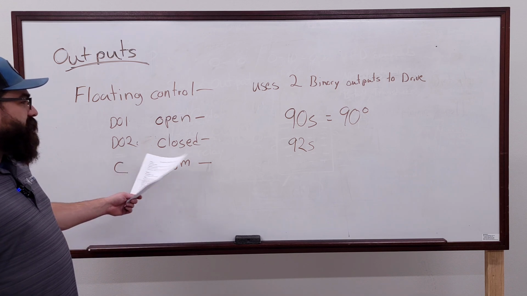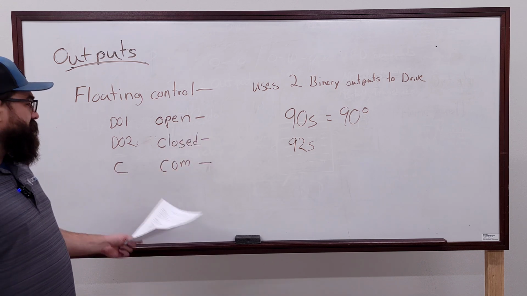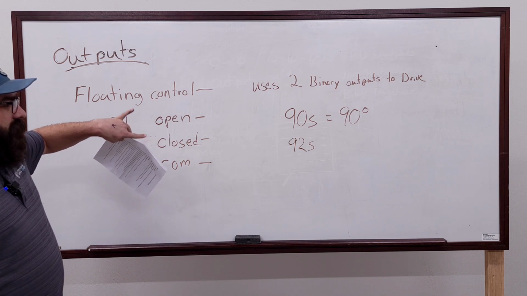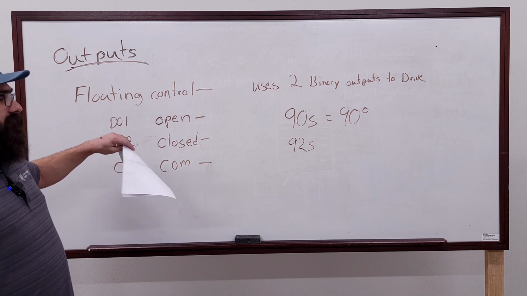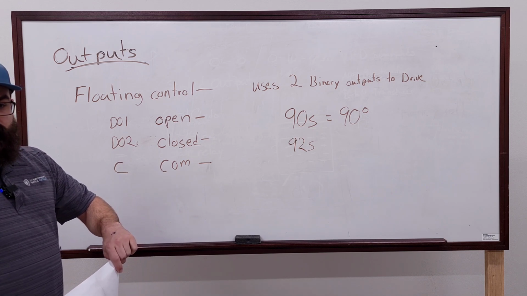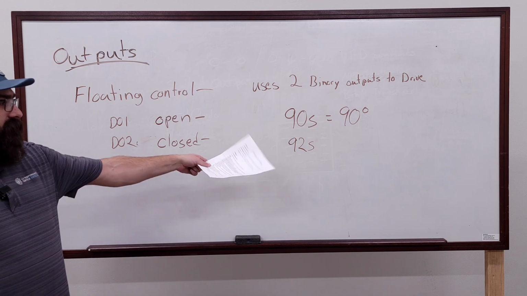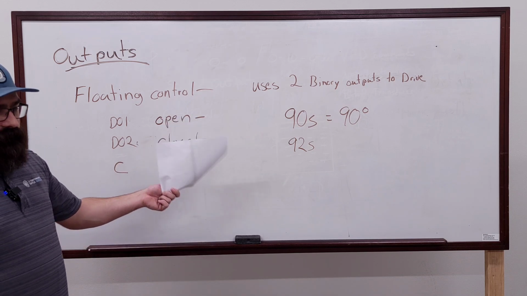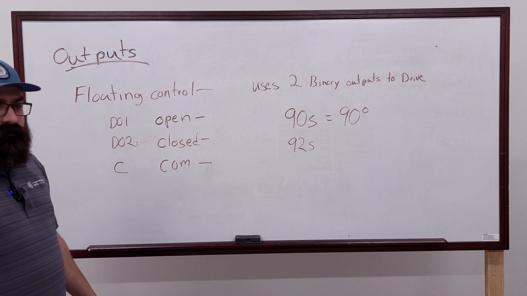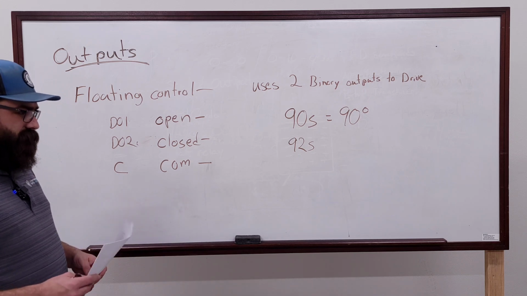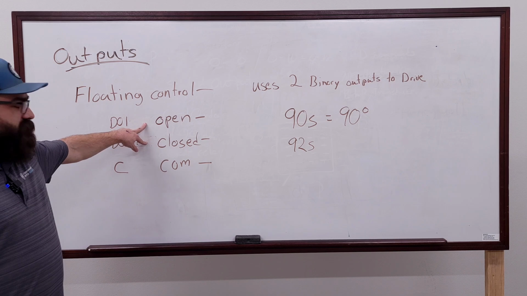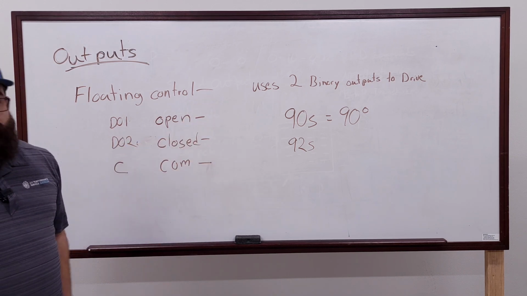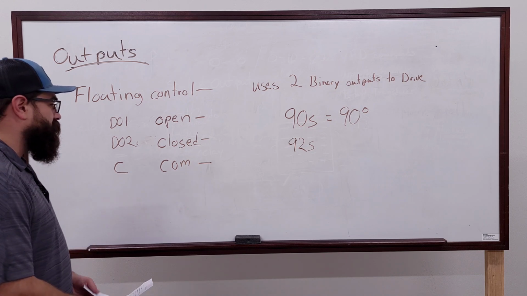So if you come to it and you've got an actuator that's acting weird or it's not synced, you can unwire this, put your meter across DO1 and common, run it to 100%, and then stopwatch it, see how long it runs for, and then confirm that against the literature on the actuator to make sure they match. There's not really a whole lot, because as long as it's putting out voltage, you know the output works. But then you got to confirm if the output is right for the actuator. It gets kind of frustrating.